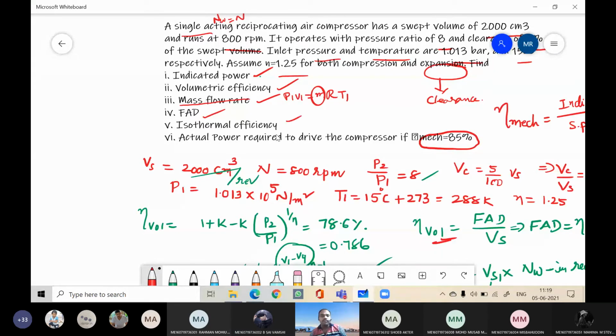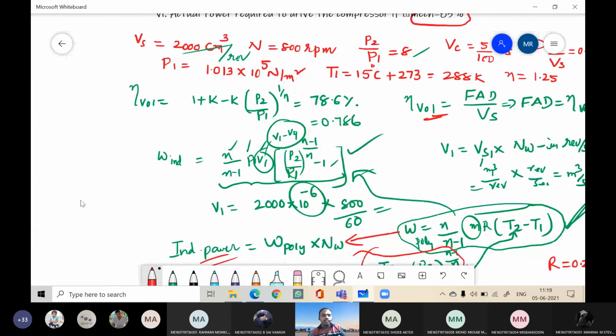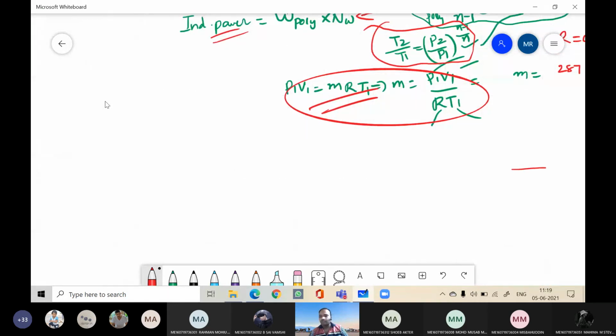Then isothermal efficiency. How to calculate isothermal efficiency? Isothermal power by indicated power. Just now we calculated indicated power.